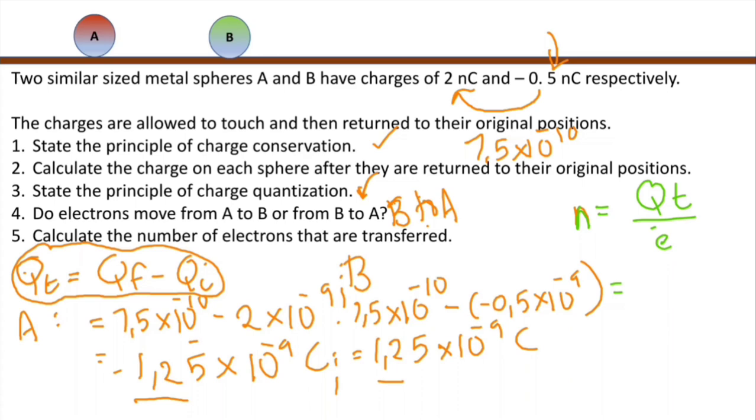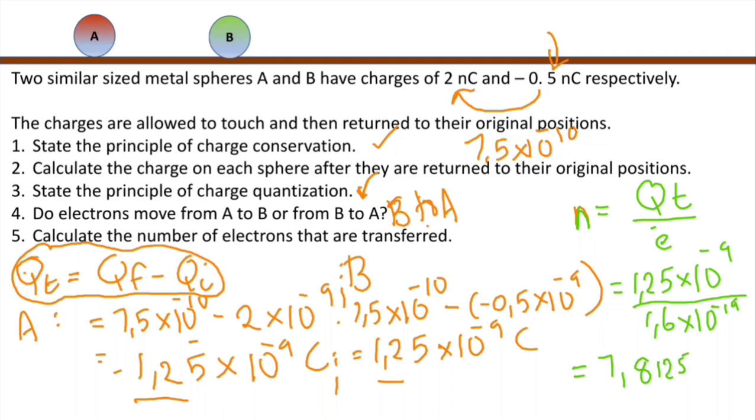So the charge transferred is 1,25 times 10 to the minus 9, and the electronic charge is 1,6 times 10 to the minus 19. Again, using our calculator, we end up with 7,8125 times 10 to the power of 9 electrons.